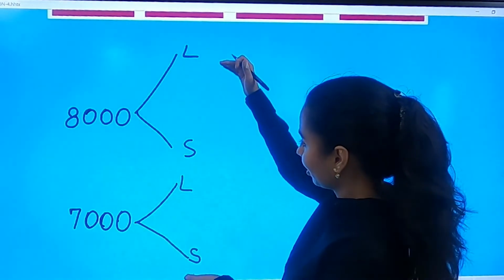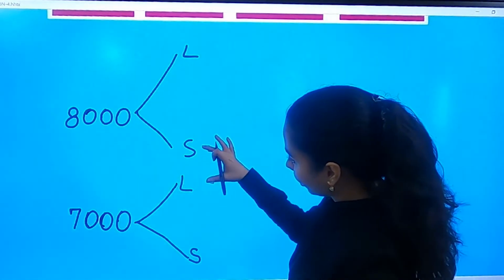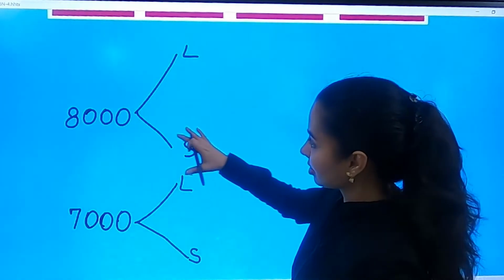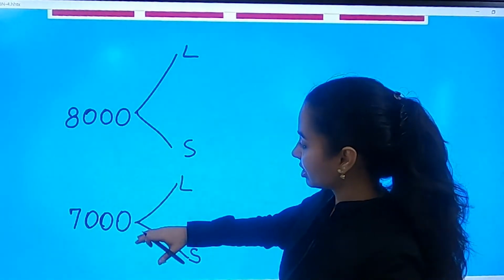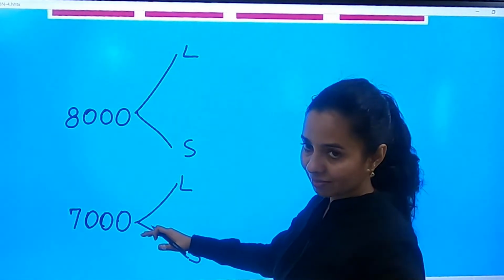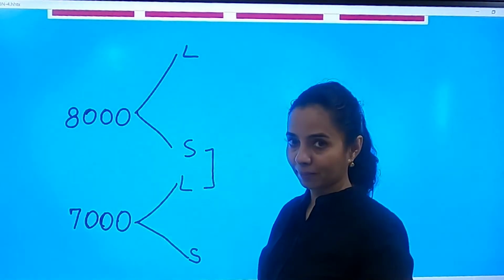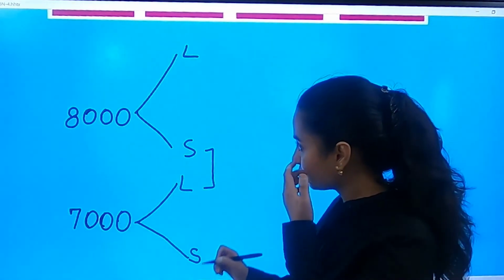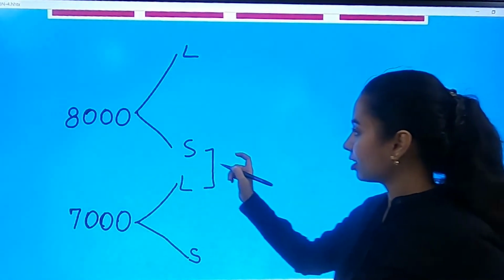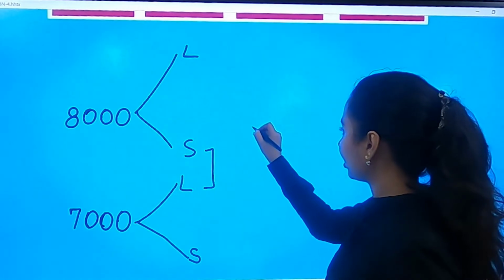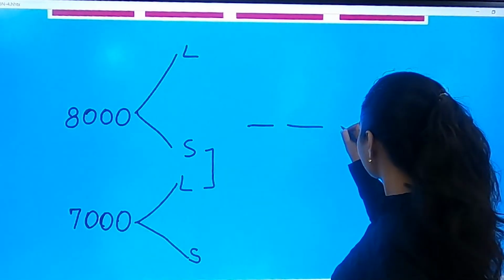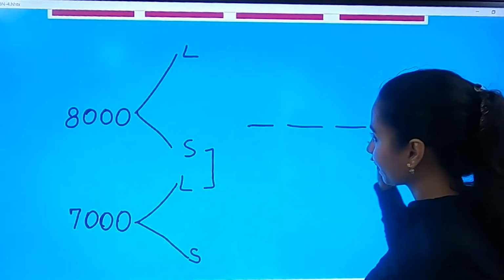If we take the smallest possible number for 8,000 and the largest possible number for 7,000, then the difference between them will be least. So we have to find two numbers. The smallest possible number for 8,000 we'll find first. So again the same way we'll do it.